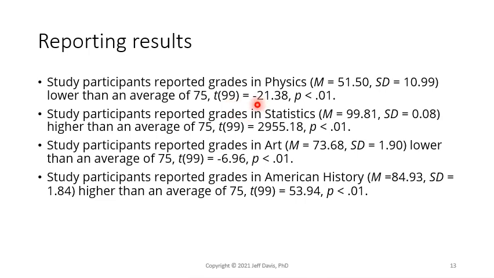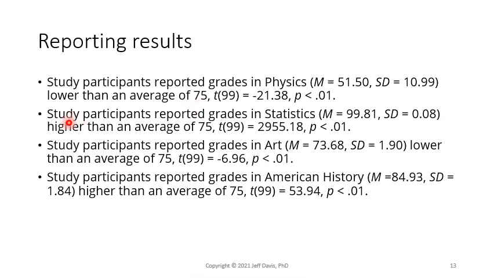And then they can see that this mean of 51.5 falls 21.38 standard errors below 75, and there's only a very small probability of observing a mean of 75 in a distribution of random error in which the mean is 75, okay?